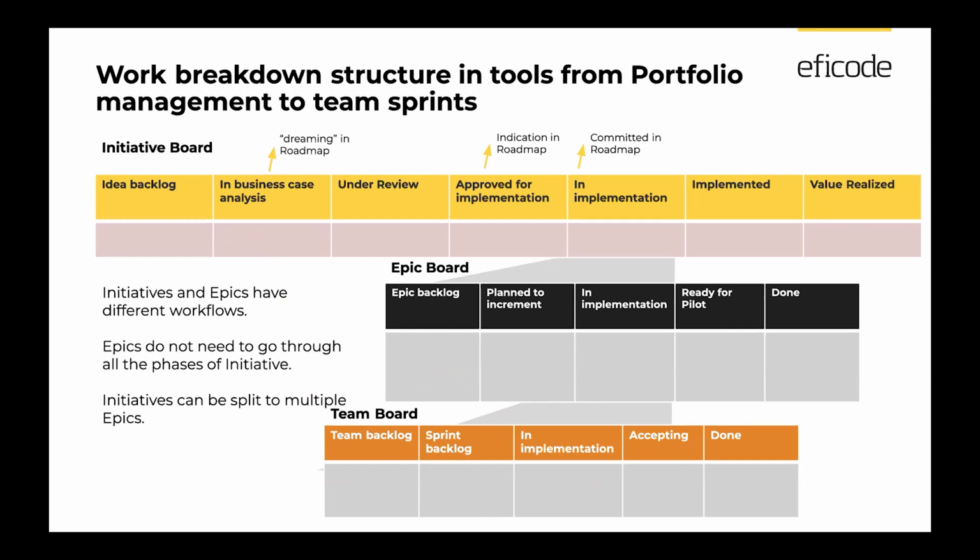And we can have different boards for different purposes as well. If we are thinking of a SAFe implementation with agile release trains, we might have multiple epic boards for different purposes, like different teams having their own subset of those features or Jira epics.